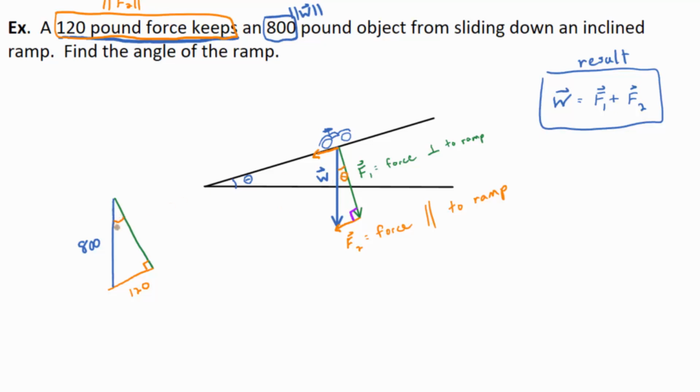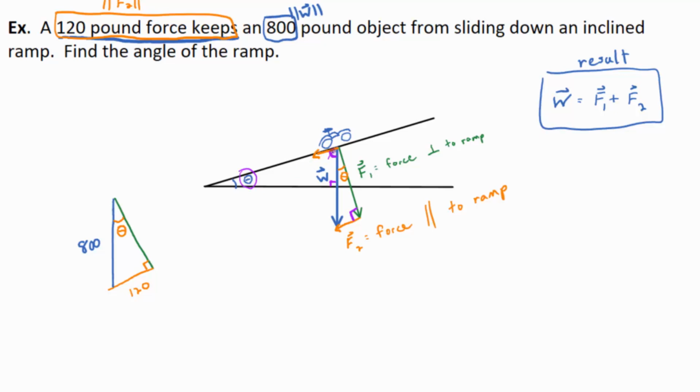You guys see why? It's because this angle that W, the vector in blue, makes with the horizontal, since it points straight down, has to be perpendicular. Perpendicular to the horizontal, which means this angle up here has to be the complement of theta.